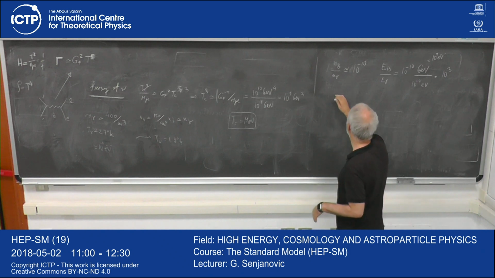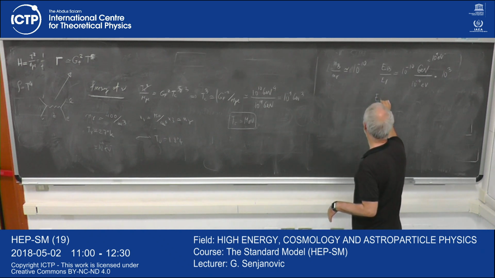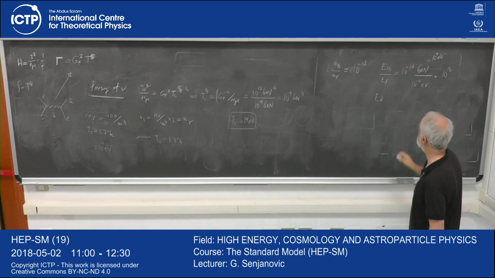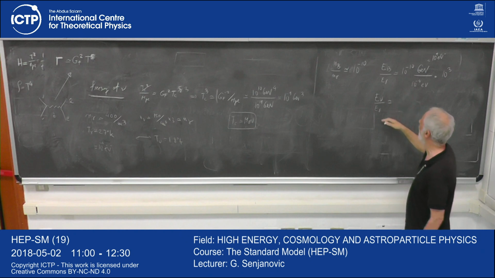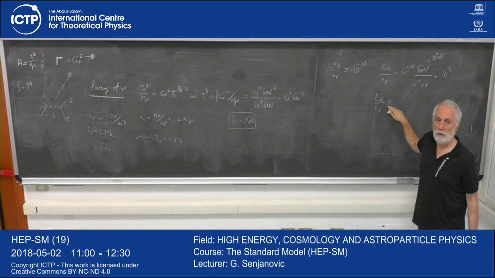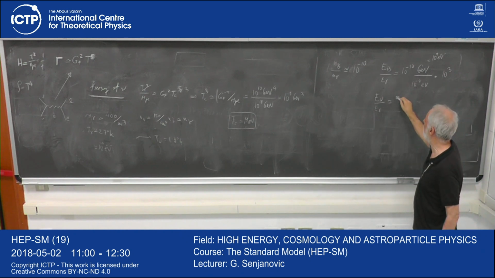So what about the energy in the form of neutrinos? If I took the energy in the form of the neutrinos divided by the energy of gamma, I would normalize, the ratio is the same. So it will be the mass of the neutrino divided by 10 to the minus 4 electron volts.